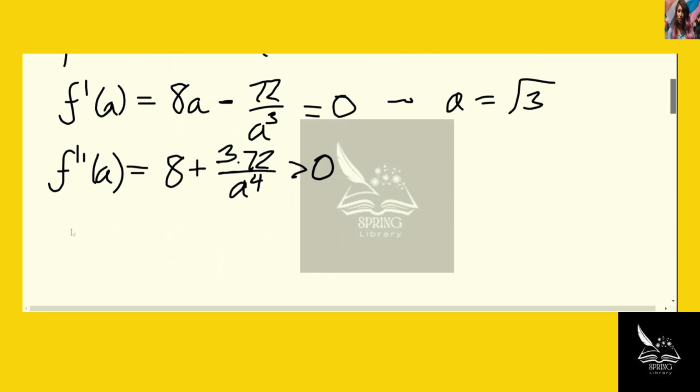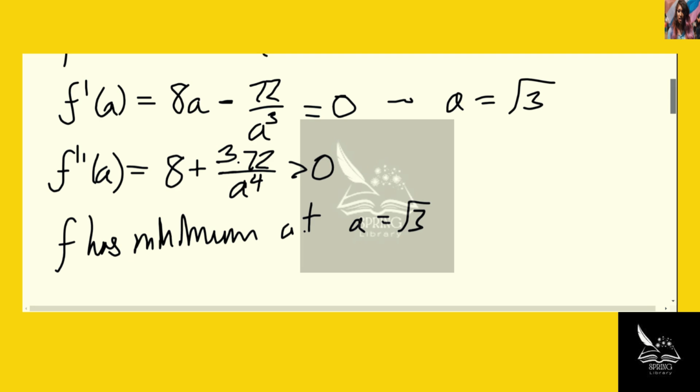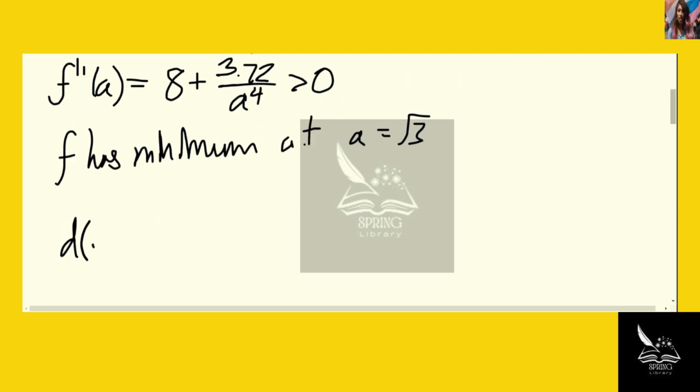Therefore, it follows that our function f has a minimum at a equals root 3. Of course, by our previous discussion, d also has a minimum at a equals root 3.